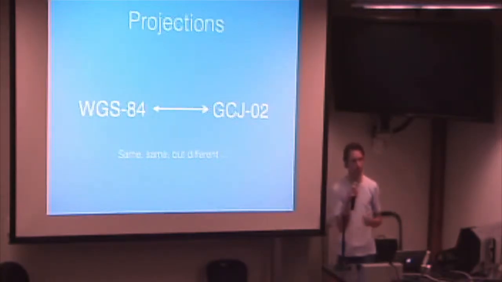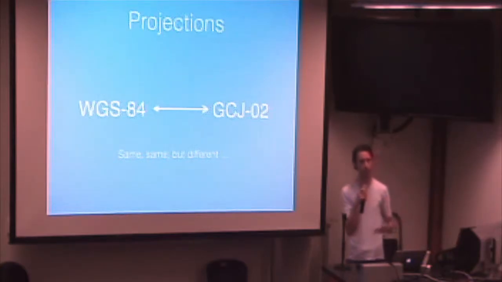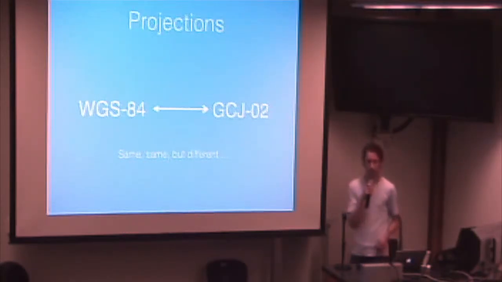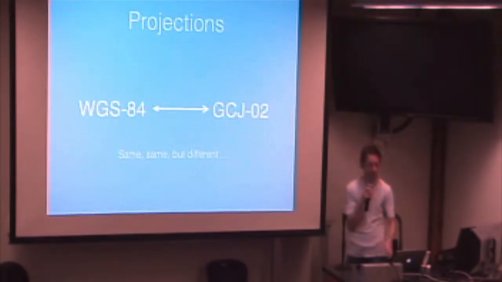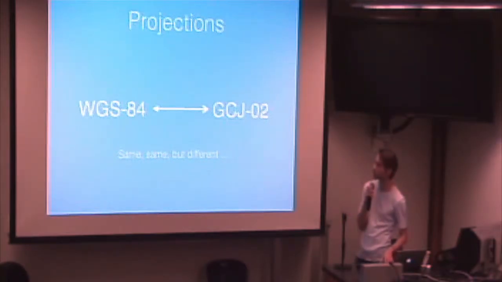If you work on a Google Maps app and it's supposed to run in China, you have to load a special package which translates everything into the Chinese coordinate system. The good news is GPS runs on the WGS system, so if you get GPS data, that is already in that coordinate system.